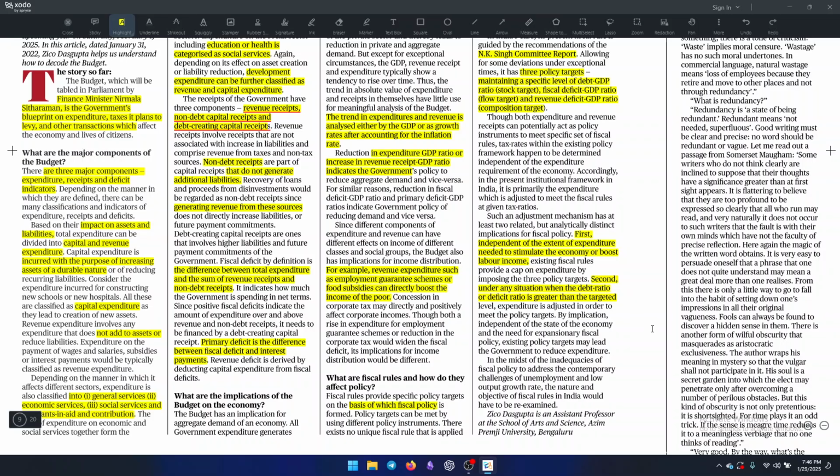By implication, independent of the state of the economy and need for expansionary fiscal policy, existing policy targets may lead the government to reduce expenditure. In the midst of the inadequacies of fiscal policy to address the contemporary challenges of unemployment and low output growth rate, the nature and objectives of fiscal rules in India would have to be re-examined.